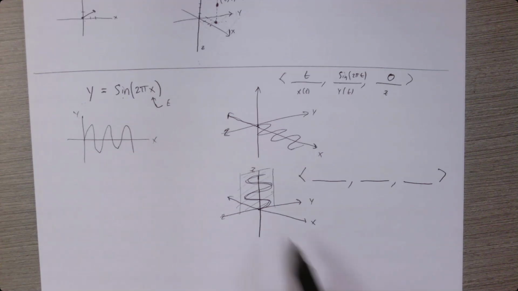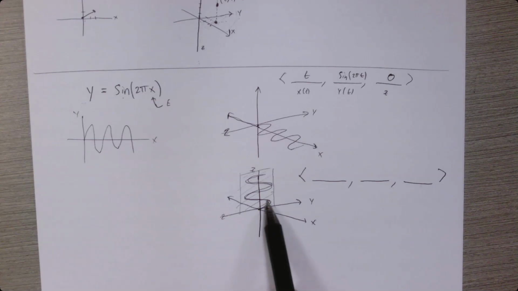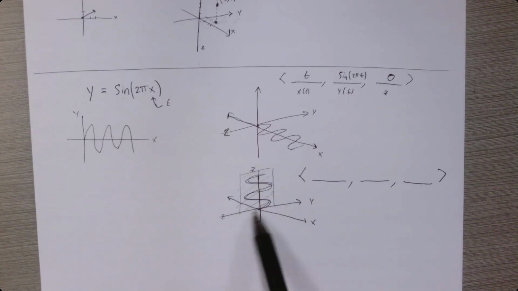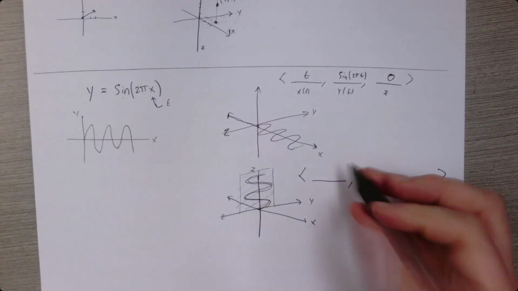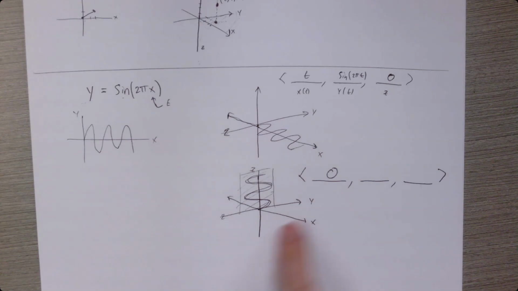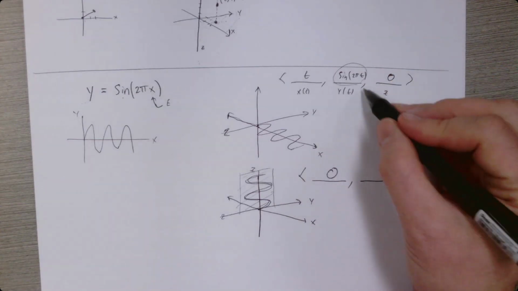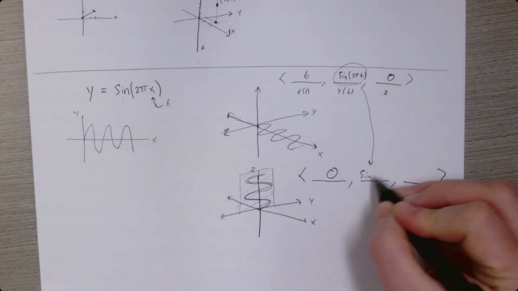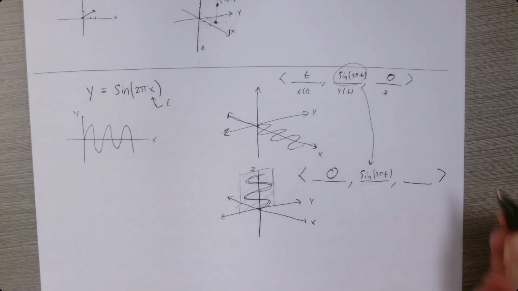Okay, in this case, no point along this curve has an x-coordinate that's different from 0, because this entire curve is supposed to be in the yz plane. So for my x component, it's just 0 all the time. My y component is the one that's oscillating, so we're going to keep sine 2 pi t as the y component.